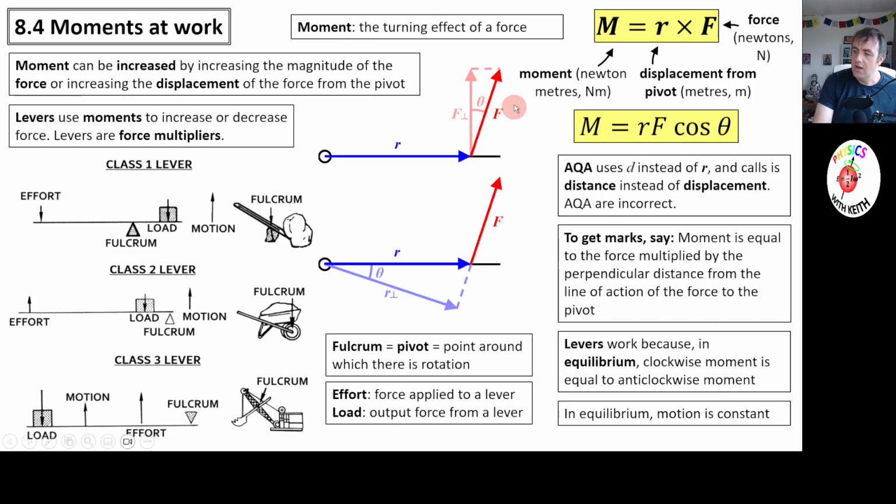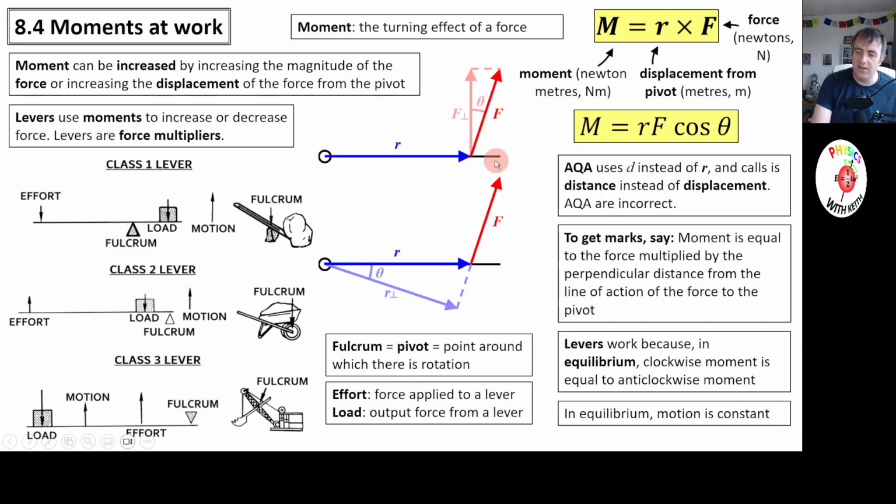Now that's fine. What happens if this angle is 0? Well, cosine of 0 is 1. That gives us the maximum moment. When F is perpendicular to R, we get the maximum moment, because theta becomes 0, cosine theta is 1.